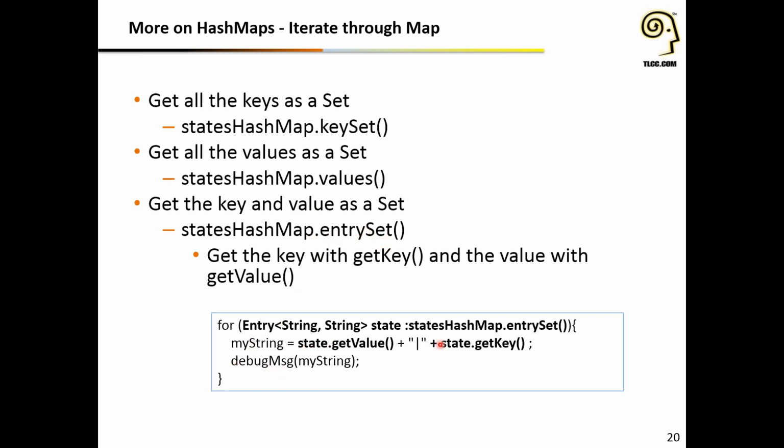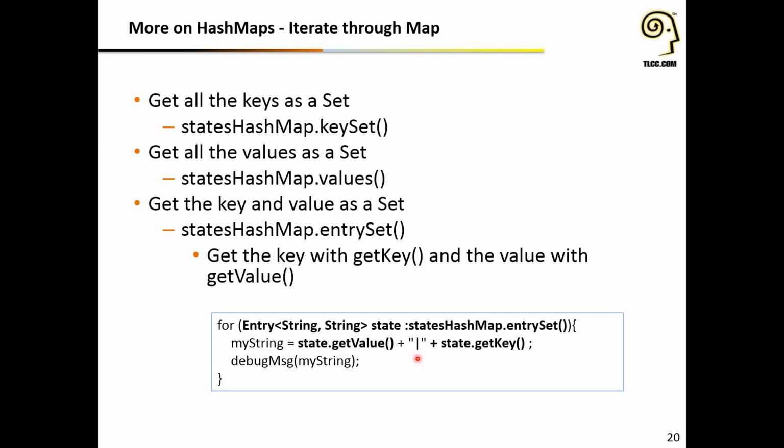I have an example of code here. Let's say we have a HashMap that has all the states, and the key is the abbreviated name, and the value in that state's hash map is the full name of the state. Some of you folks who've done Notes for a while might remember the aliases and how we can set those up in the combo boxes by creating a string that has a vertical bar in between them.